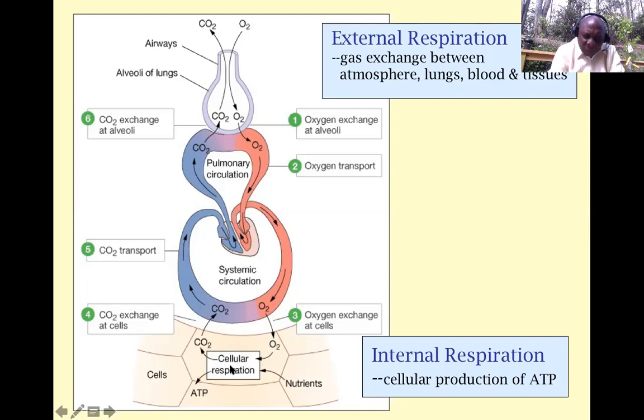And then after cellular respiration, carbon dioxide is made, and carbon dioxide will move down the gradient back into the capillary, and then will be transported to the big veins, right atrium, right ventricle, pulmonary trunk, pulmonary capillary, into the alveoli, again using a gradient, and then out into the atmosphere using a gradient.